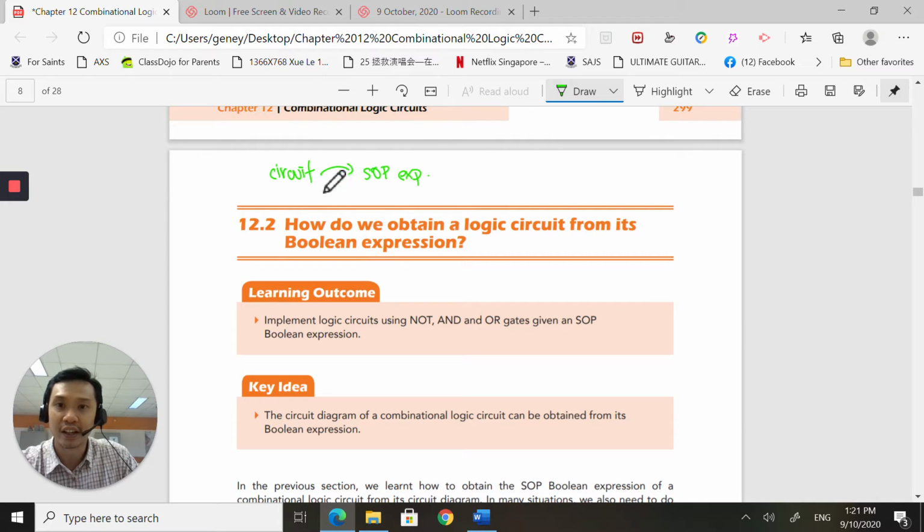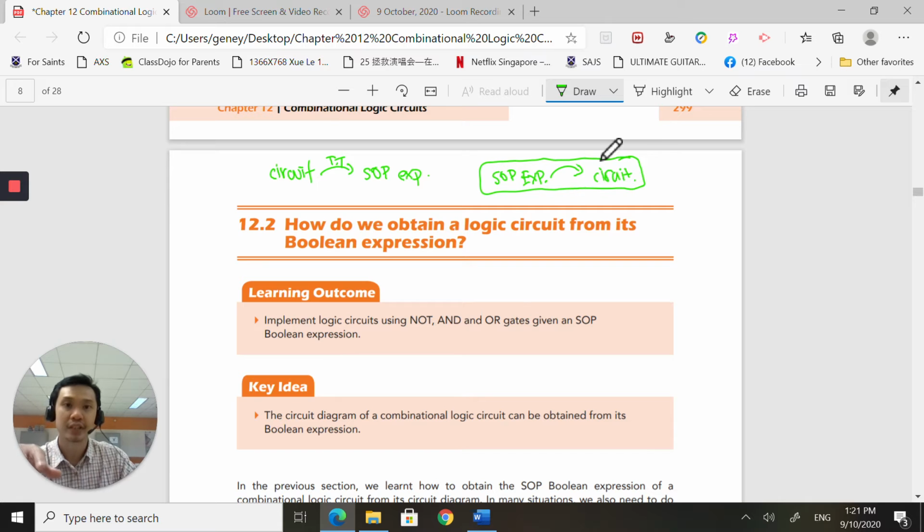How you do that is, of course, you need to draw the truth table. In this second part, I'm going to give you the SOP expression, and I want you to use it to draw out the circuit using some logic gates. This is the part that we are going to do in this video.